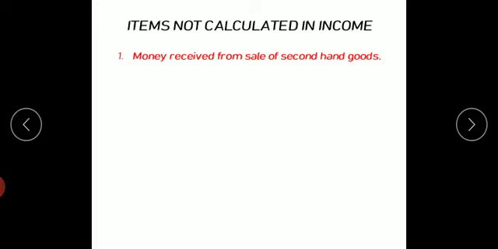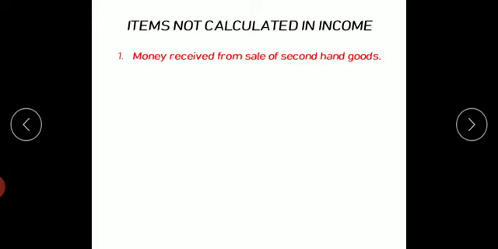See, money received from sale of second hand goods. We purchase many durable things like television, car, bike, cycles, mobile phone, and after 1 or 2 or 3 years, if we feel like purchasing a new one, then we dispose of our old ones and go for the new one.